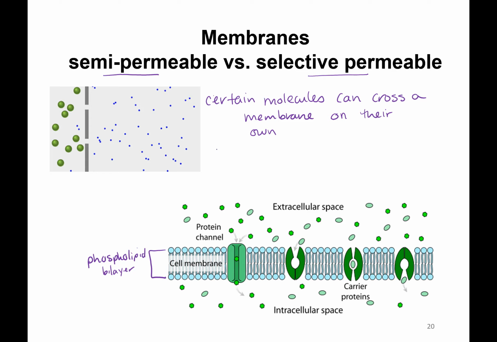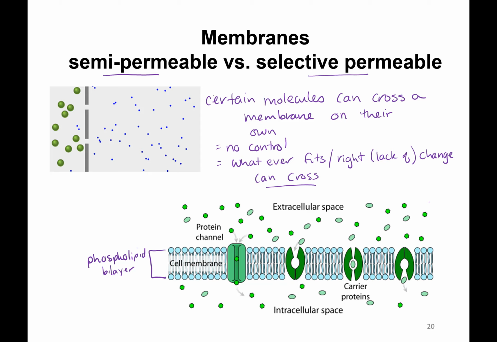Semi-permeable means you don't have any control, okay? Whatever fits, or has the right charge, or is open with a lack of charge, can cross the membrane on its own.